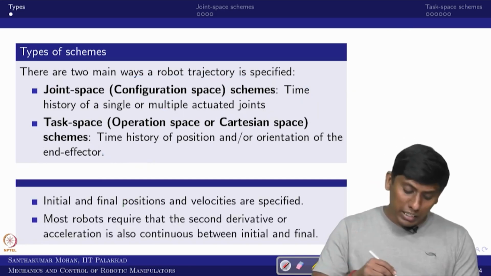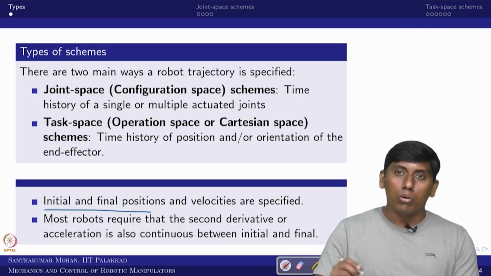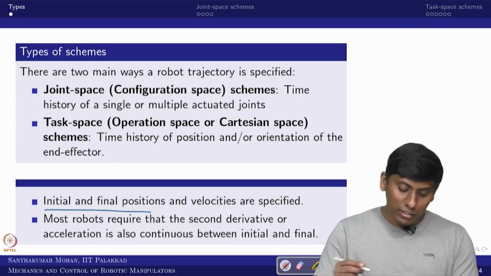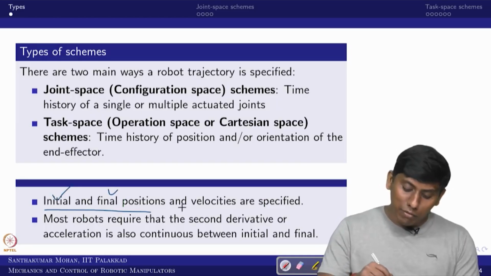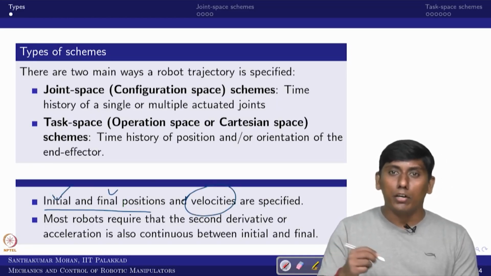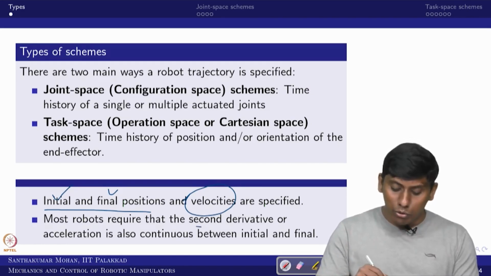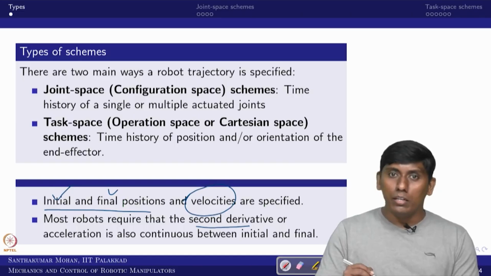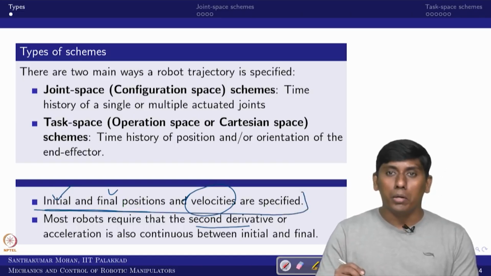Before that, let us see what is given to us when we talk about manipulator trajectory generation. The initial and final positions and velocities are specified to us. The acceleration is given or not, according to the case. If the initial and final acceleration are given to us, then we have to go for a higher order polynomial. But if only these are given, then we can go for a cubic polynomial.